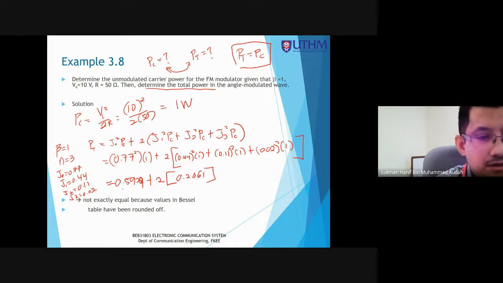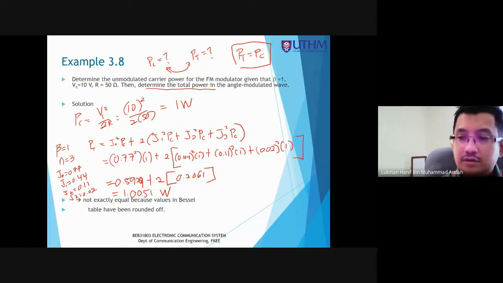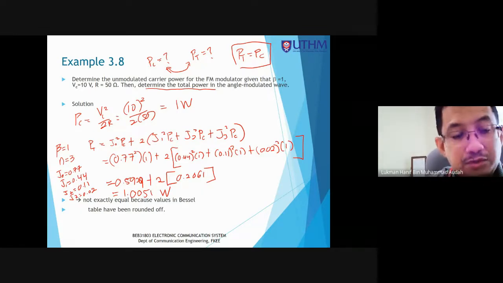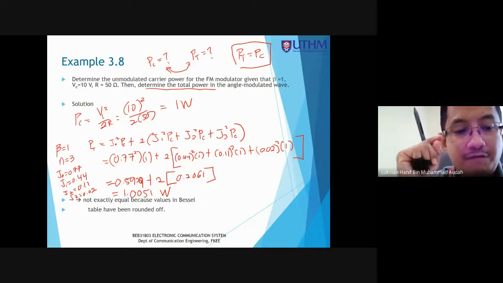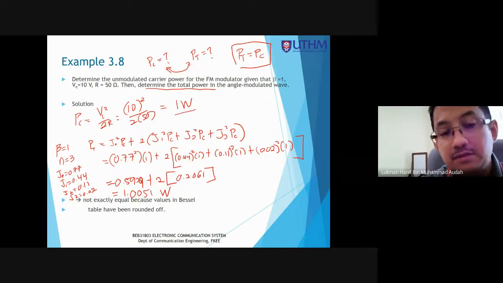So you get here is equal to 1.0051 watt. Nampak eh? So it is equal to 1.0051 watt. Very small difference with PC.